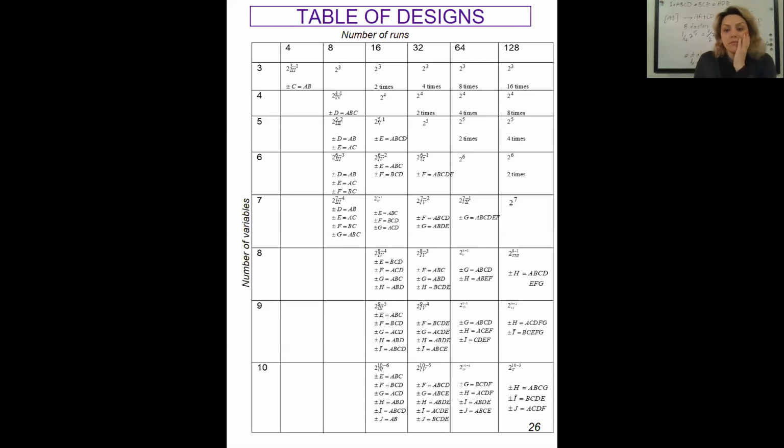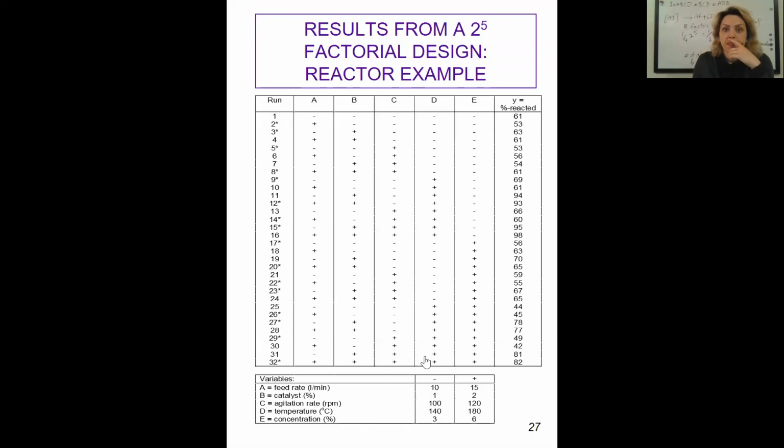So from left to right, as you see, the resolution is going to increase, which is a better thing. So we want to have a higher resolution when we are working on our designs.